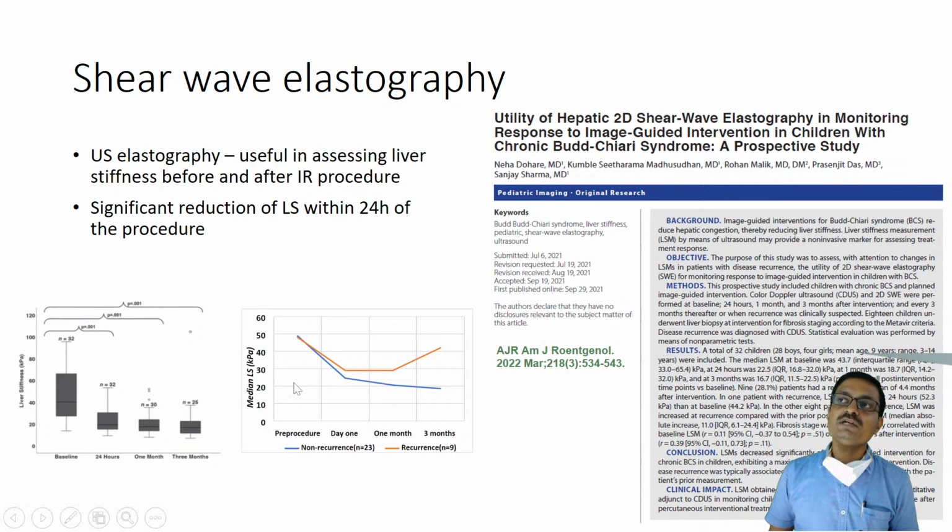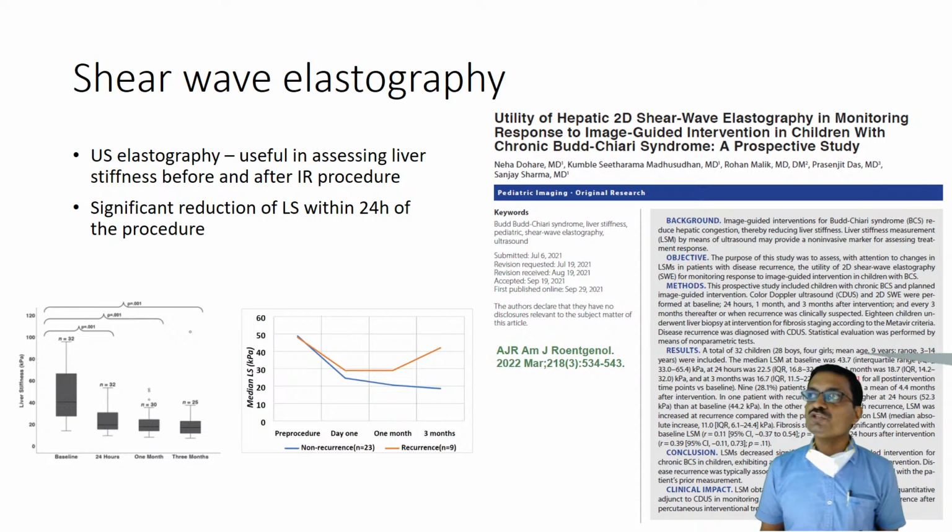We also found this useful in assessing recurrence in 9 of the 32 patients who had recurrence, at 1 month and 3 months. The liver stiffness began to increase, so once we found that, we could suspect that the patient was going into obstruction again, that there was recurrence of the lesion.